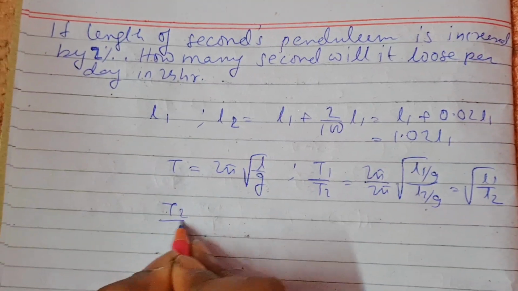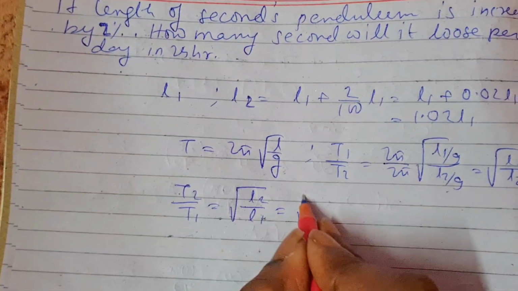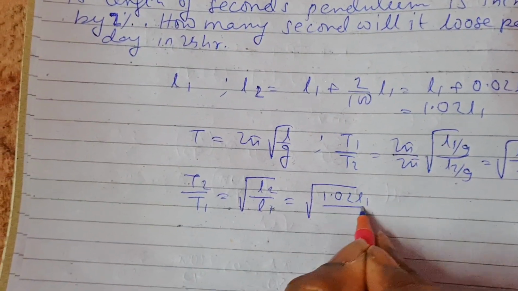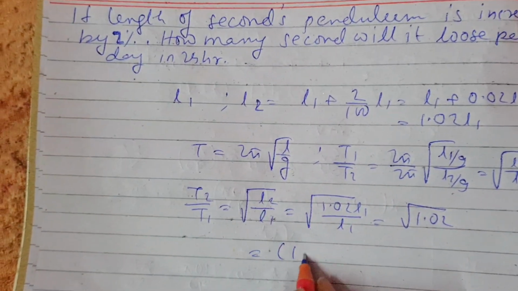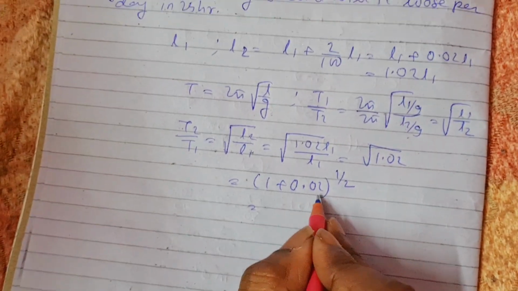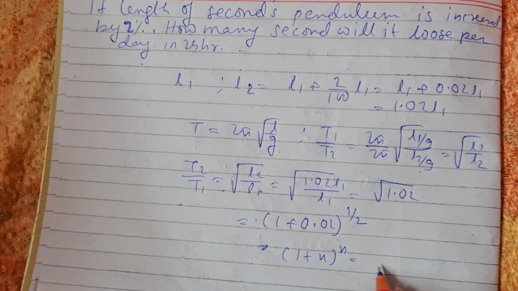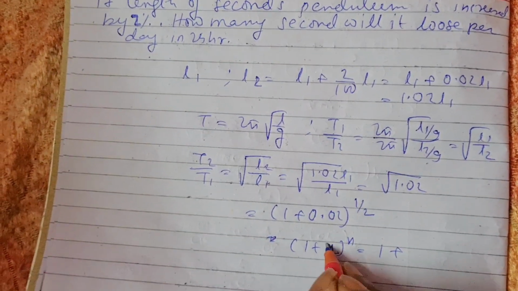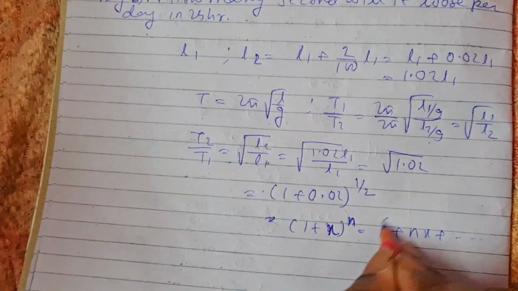So T2 by T1 will be how much? Root under L2 by L1. What is L2? 1.02 L1 by L1. That is equal to root under 1.02, which is (1 plus 0.02) to the power half. Now according to the binomial theorem, (1 plus x) to the power n comes 1 plus nx plus so on.